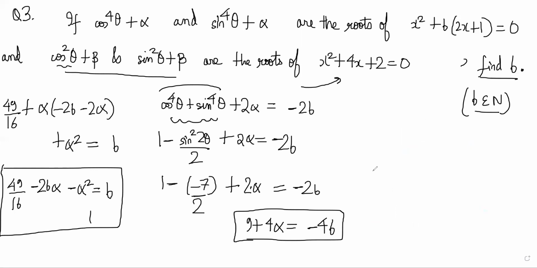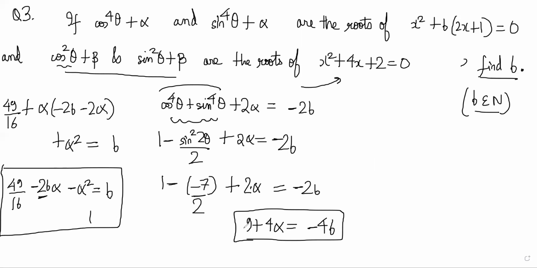If you get it as alpha only, I don't want 2b to be here, I want it to be 4b.